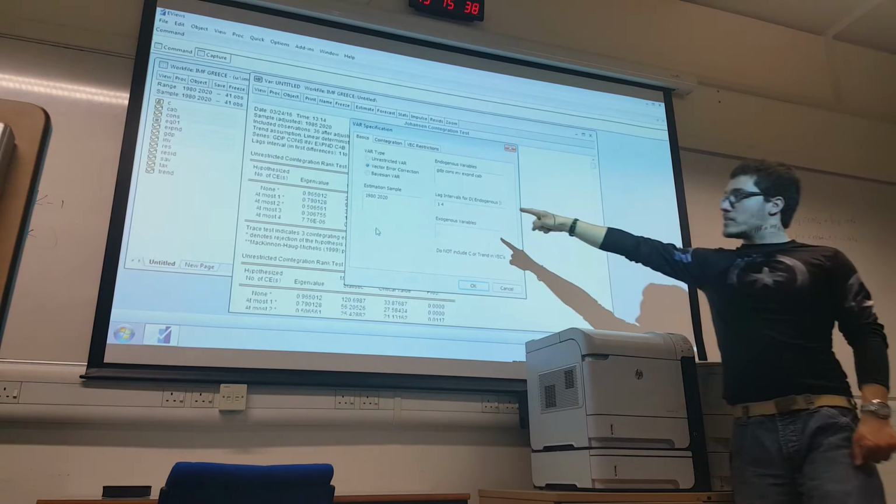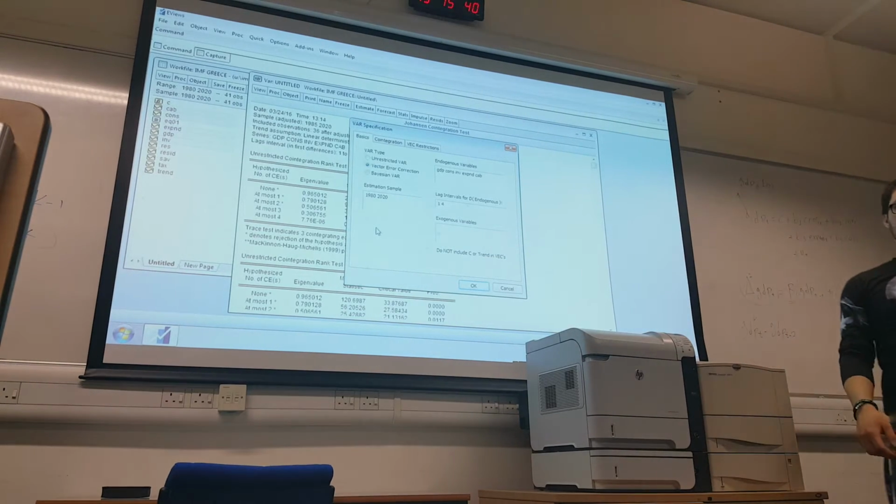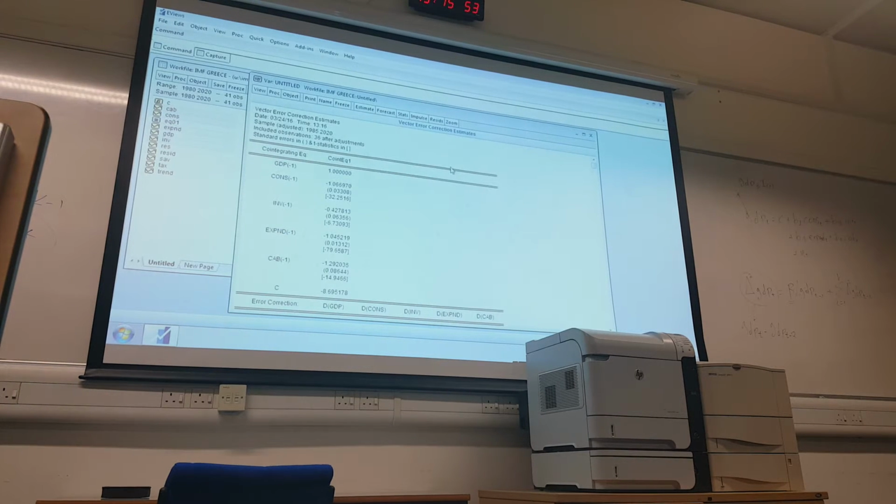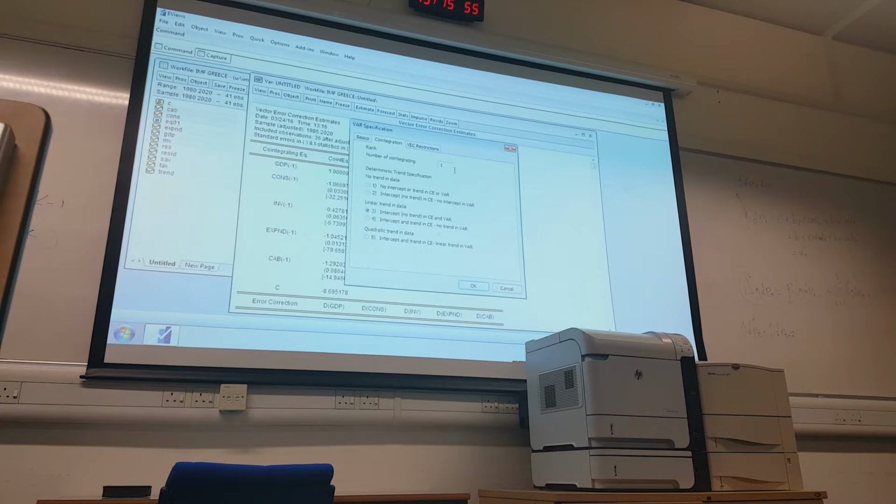The lag interval changes from 2 to 4. And also, let's stick to the strict case over here. We have a number of co-integrating relationships. Number of co-integrating relationships equal to 3. Meaning that we have 3 equilibrium points.